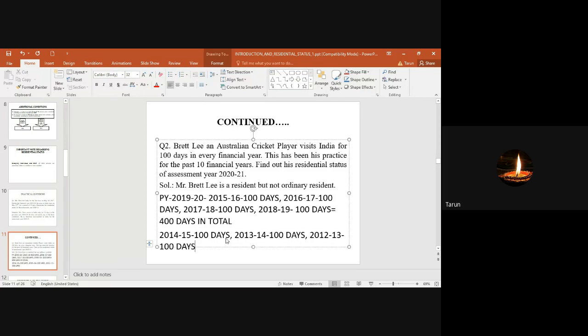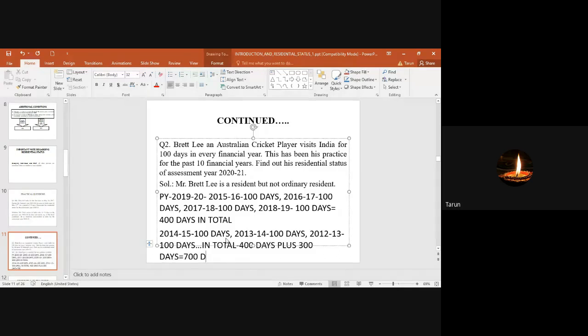So now when we talk about the total, in total how many days has he covered? 400 days plus 300 days. So ultimately, it's 700 days only. But the additional condition is 730 days or more.